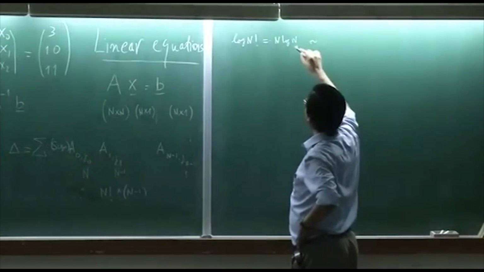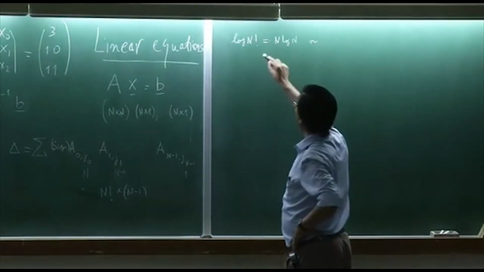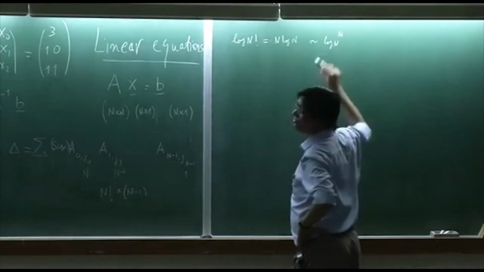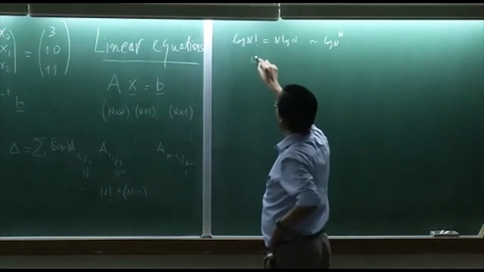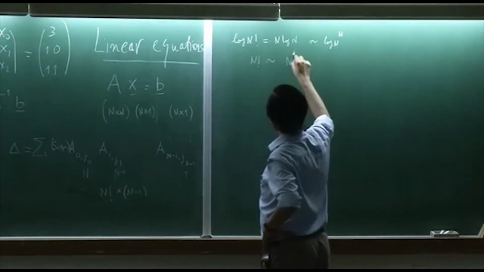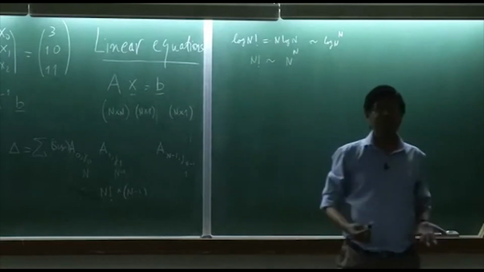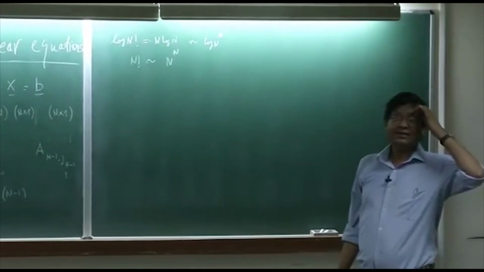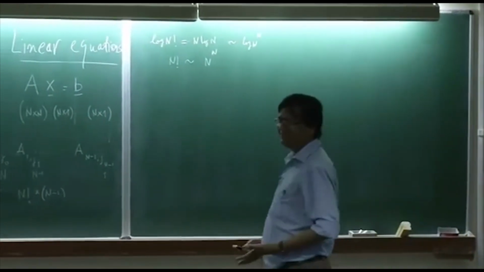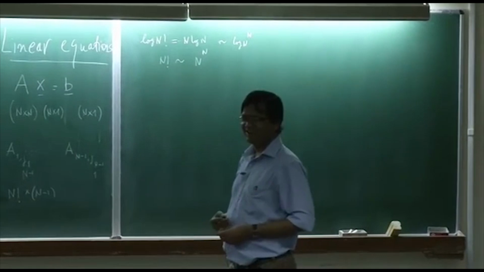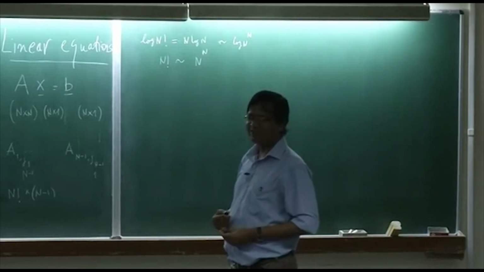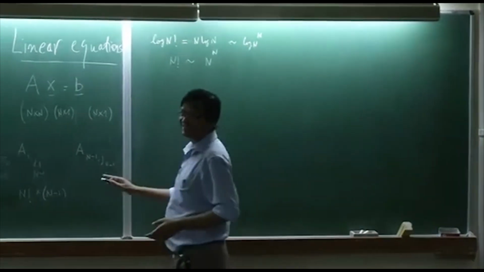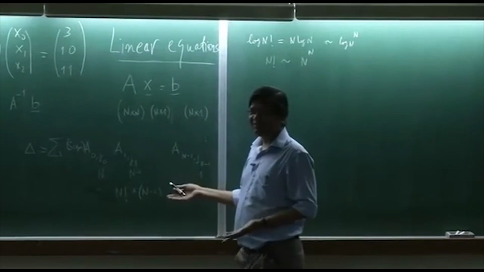So this is log of n to the power n. So n factorial is of order n to the power n. N factorial is huge, n power n, and your computer will basically crash if you give it a 100 by 100 matrix. 100 to the power 100 is a big number, okay. So this is not a practical way to do it for large matrices. Large means even 100 is not going to work.